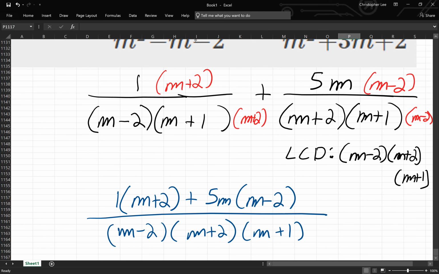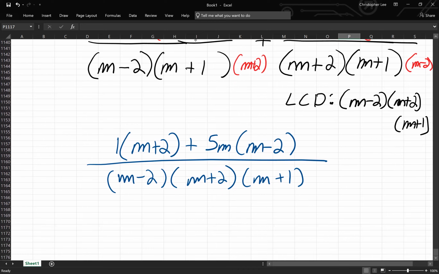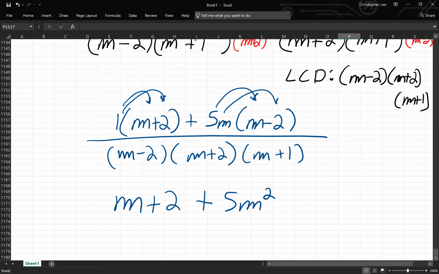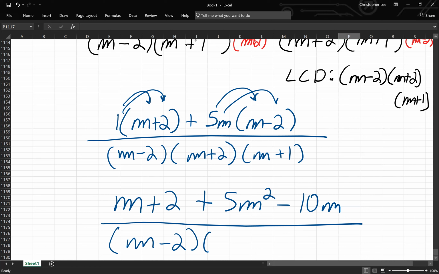Oh no, I didn't do that part yet. That's the next step. So now I want to distribute. So now I have M+2 plus 5M² minus 10M, and all of that over the LCD: M minus two, M plus two, M plus one.